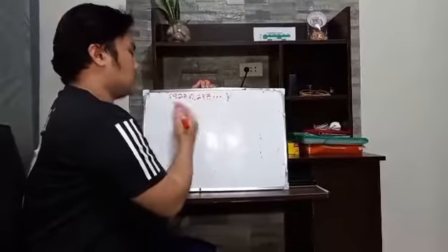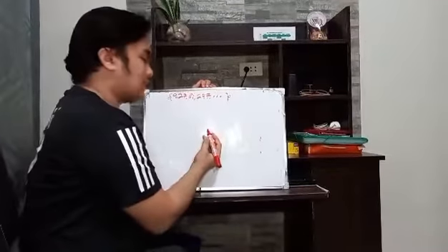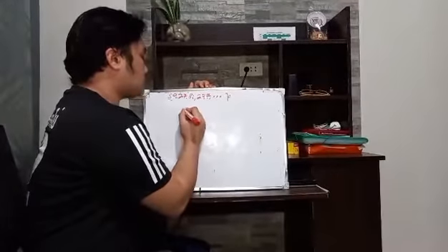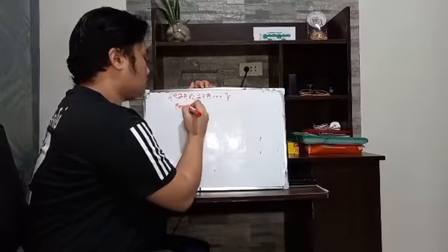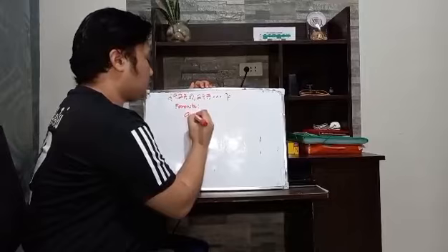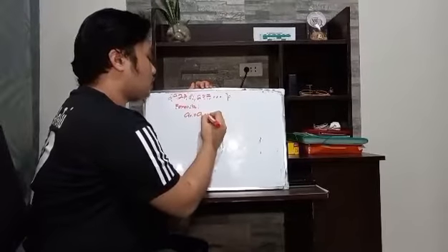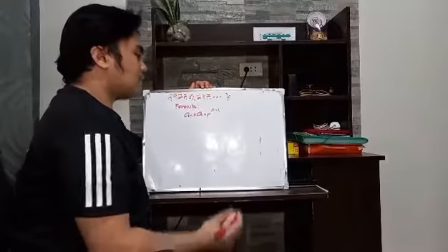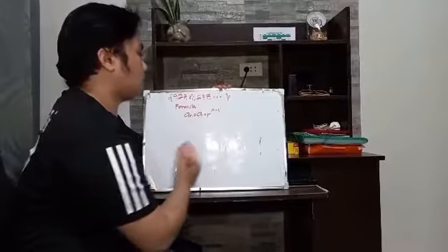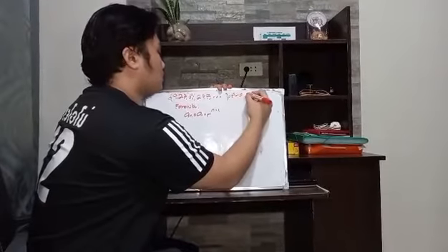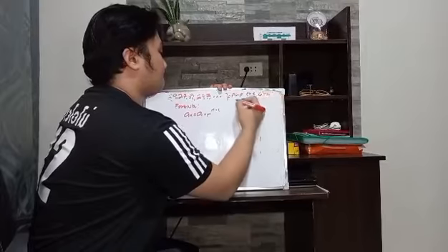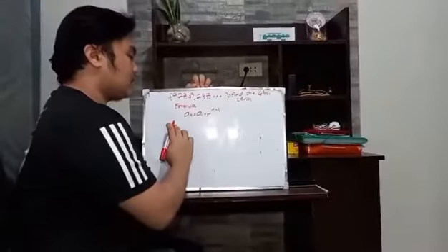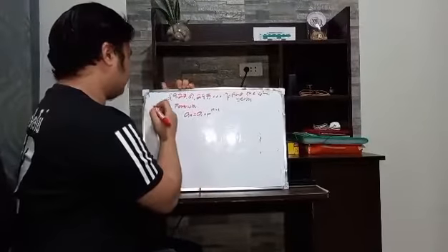This sequence is a geometric sequence, so we will write the formula for geometric sequence, which is a sub n is equal to a sub 1 times r raised to the power of n minus 1. Let's say our task here is to find the sixth term of the sequence.